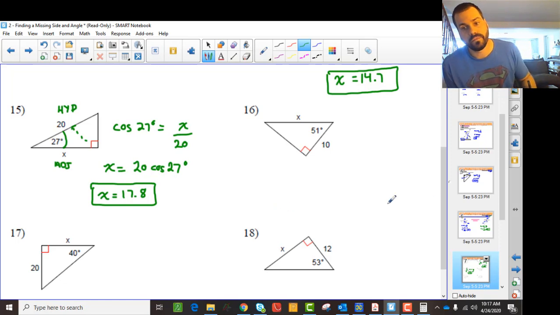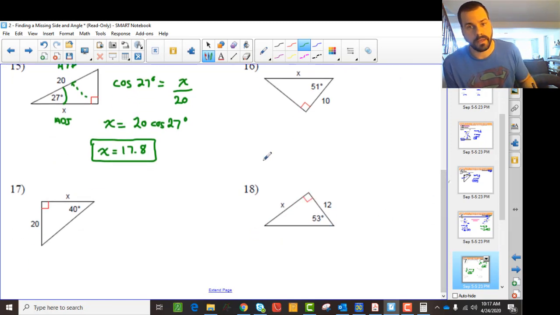And then we'll just do number 18. Again, I'll leave the other two for you to try. But here's my angle, right? 53. That's the opposite side then, and 12 is the adjacent side, so I'm touching the angle. So I'm going to use tangent. Tangent's opposite over adjacent.